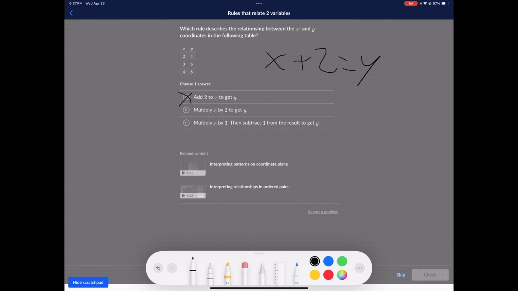Choice B, multiply x by 2 to get y. So now, we are saying 2x equals y. And notice how I didn't do x times 2. Something that is going to be really useful to understand is that this is the same as this, and that is the same as that.